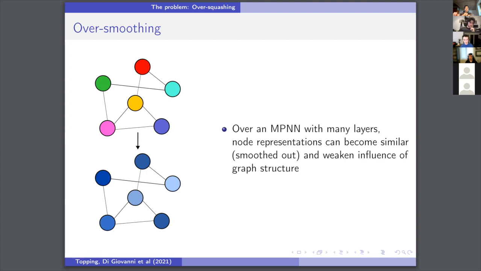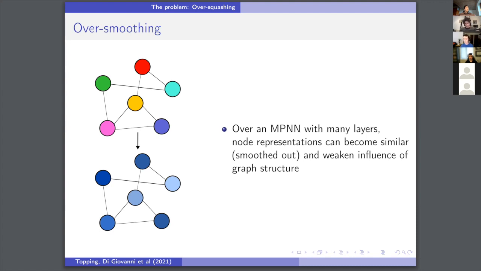The problem is, as you increase the number of layers in your MPNN, you're going to see that the computational graph of each of your nodes starts to overlap. So if you have the green node here, it has one node itself at distance 0. It's got two nodes, the teal and the pink, at distance 1. But then once you get to a two-layer network, its computational graph is the entire graph.